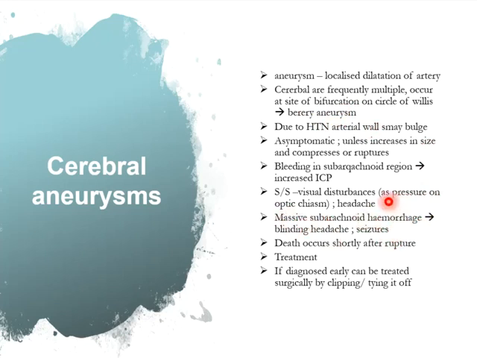Most commonly, if an individual comes and says that they had the worst headache of their life, it's definitely going to be an aneurysm rupture. Whenever they say worst headache of life, think subarachnoid hemorrhage. And when you are thinking subarachnoid hemorrhage, think either some artery has ruptured or some trauma or injury has happened, and think that the person is going to develop seizures next.